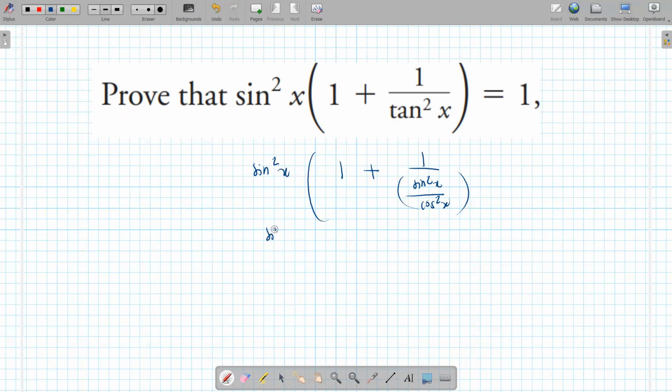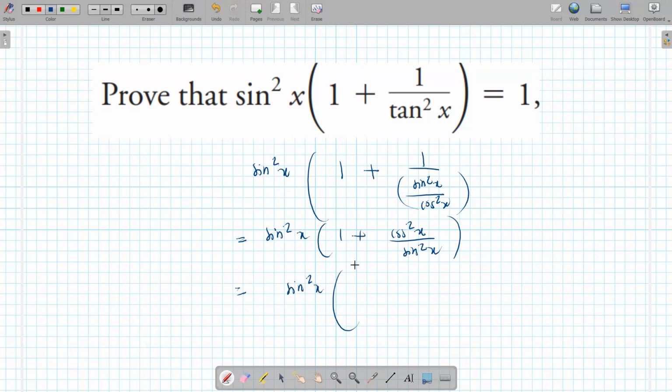So you're going to have sine squared times 1 plus cosine squared x divided by sine squared x. There's only one thing we can do. What is it? Common denominator. That's the only thing we can do here.